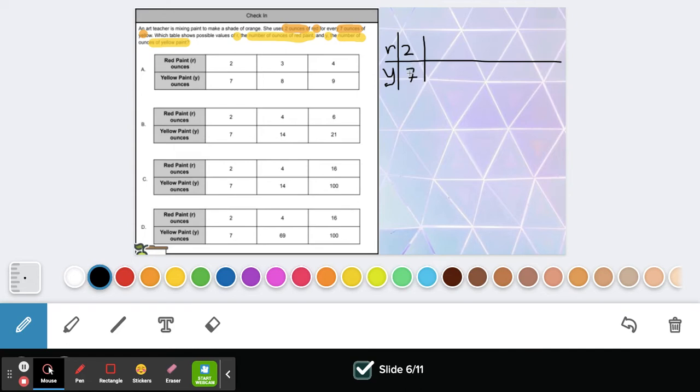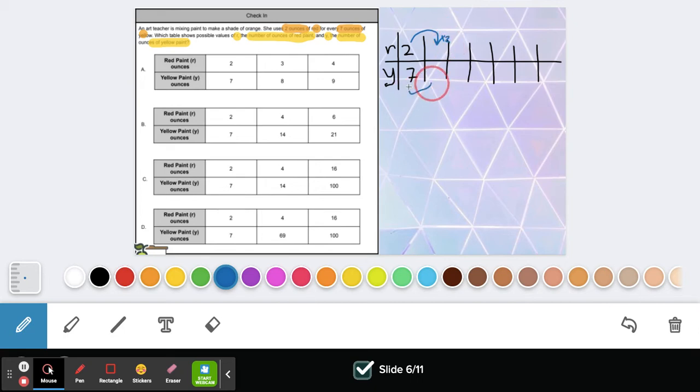So now, if we are comparing our two quantities, so far what we've known is that we compare quantities when we are multiplying, when we are going through our tables. So here, I'm going to do times 2.